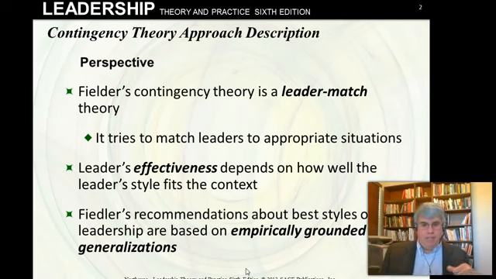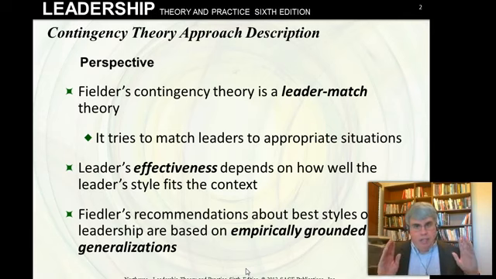As I mentioned earlier, Fiedler's recommendations about the best styles are valuable because they're based on empirical research. All through the 60s and 70s, when people wanted to test out a leadership theory, this is one they would test, and we've got a lot of results.